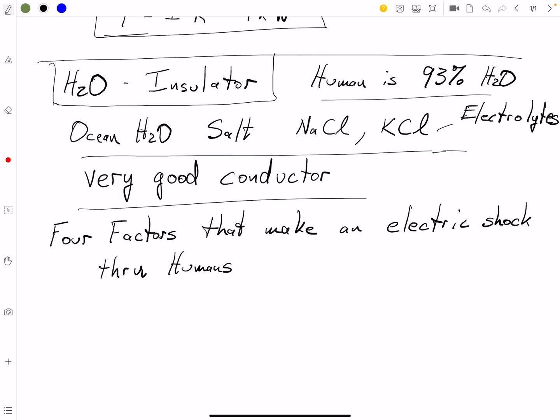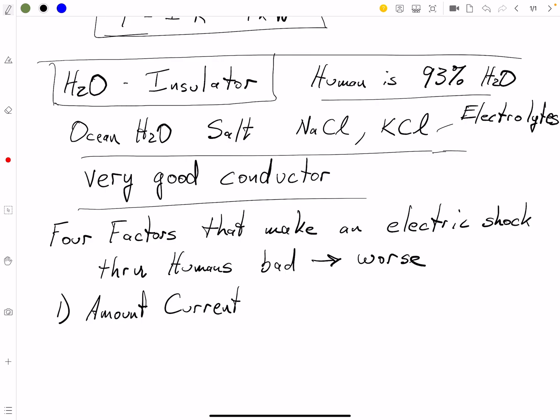I mean, it's bad. So you start off with bad, but it makes it worse. Okay. So from bad to worse. So the first thing is the amount of current. Okay. So, and this is really huge. The amount of current going through you.